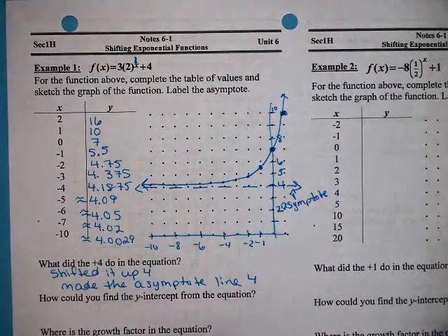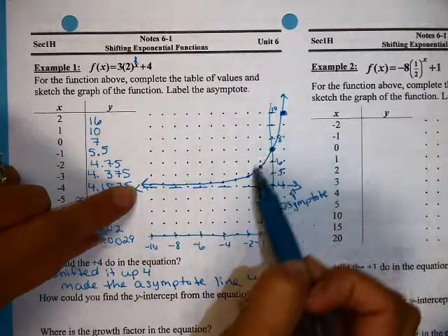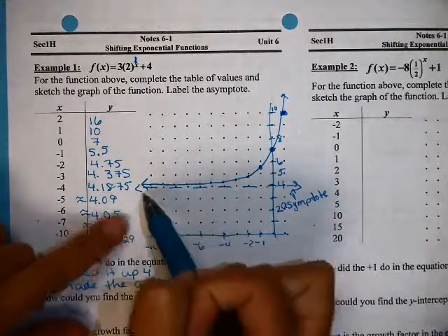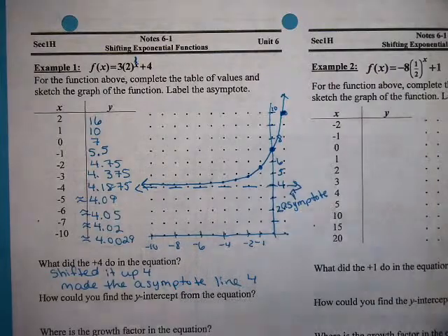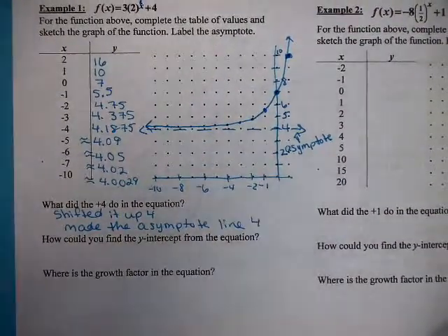You can label it. Make sure you have the 2 lines here. You have the curve that's leveling out because it goes down by such a small amount each time. And then we have the dotted line of our asymptote line. Do you all have it graphed correctly? Let's look at the next question.